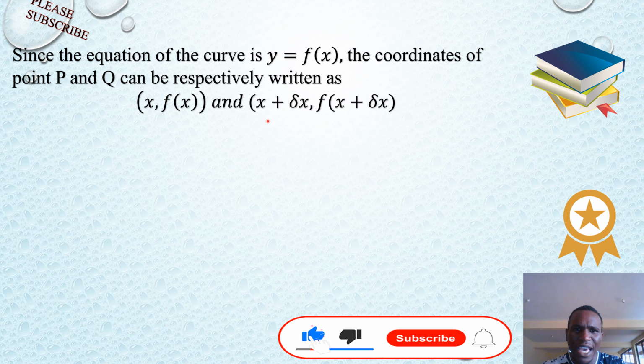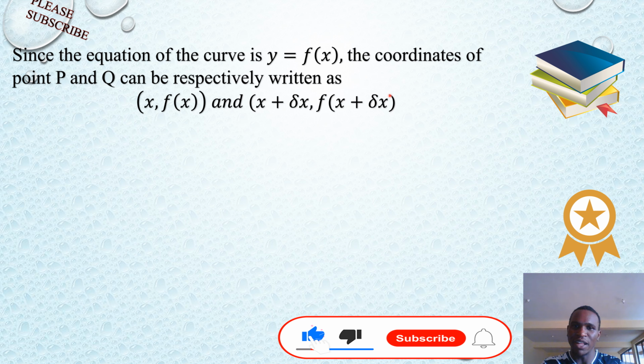Then now coming here, we see if I input x plus delta x, I should be able to get what? f of x plus delta x as my y value. So that's why we replace the y value of this point Q by f of x plus delta x. So take note of this meaning. This is the y value when x is inputted.